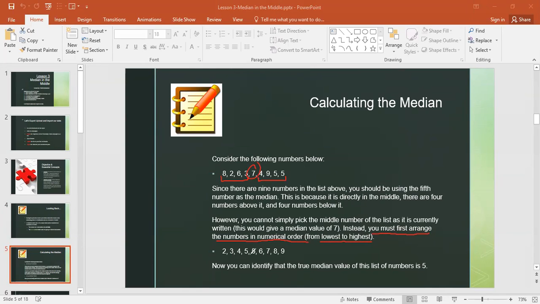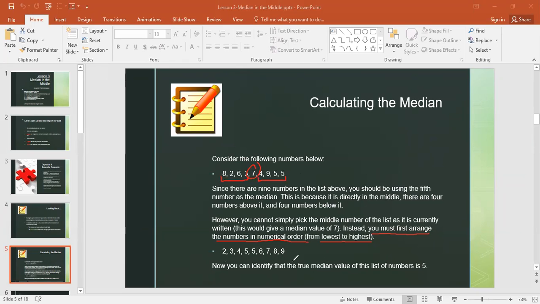So what we do is we rewrite our numbers from lowest to highest: 2, 3, 4, 5, 5, 6, 7, 8, 9. And then we find the middle number here. One way to look at this is, if there's 9, then 4 there and 4 there, that's going to be left in the middle.